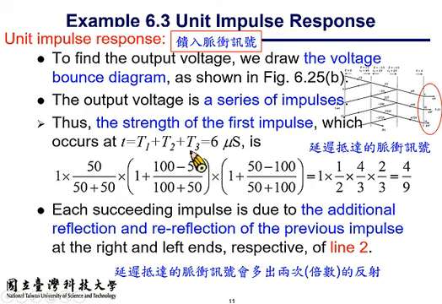Because the propagation delay of the three sections is 2 microseconds each, the time required for the first signal to reach the termination shall be 6 microseconds.